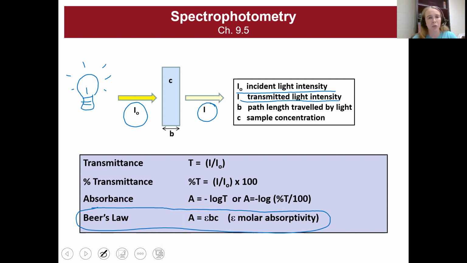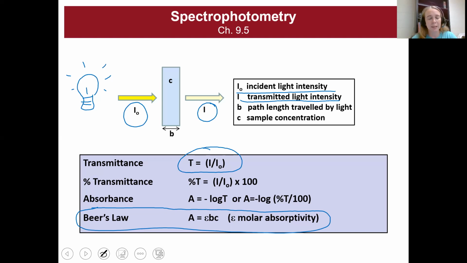There's probably something in our solution that is blocking or absorbing some of that light so that the light that comes out is a lower intensity. And we call that the transmittance of the solution.